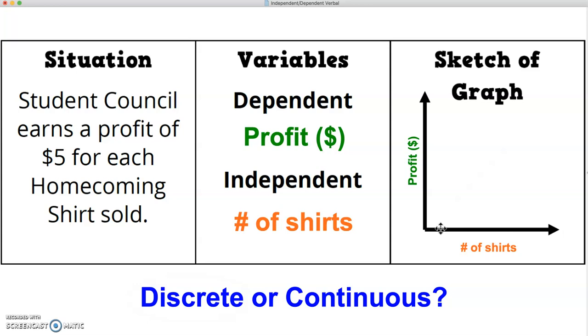And the answer to that is no. So our graph is going to look like individual data points, where we sell 0 shirts, 1 shirt, 2 shirts, 3 shirts, and so on and so forth. So is this considered discrete or continuous? Remember, discrete means disconnected, continuous means connected. So here, because our points are disconnected, this relationship is discrete.